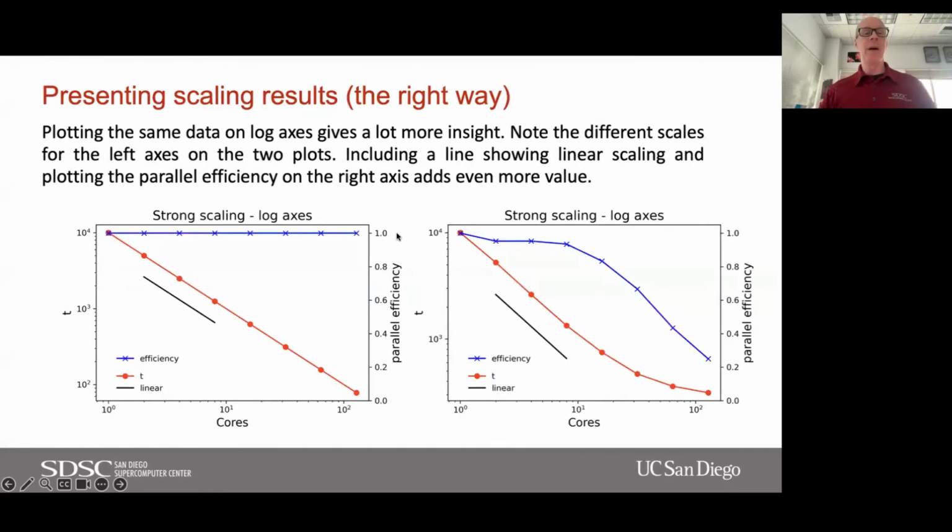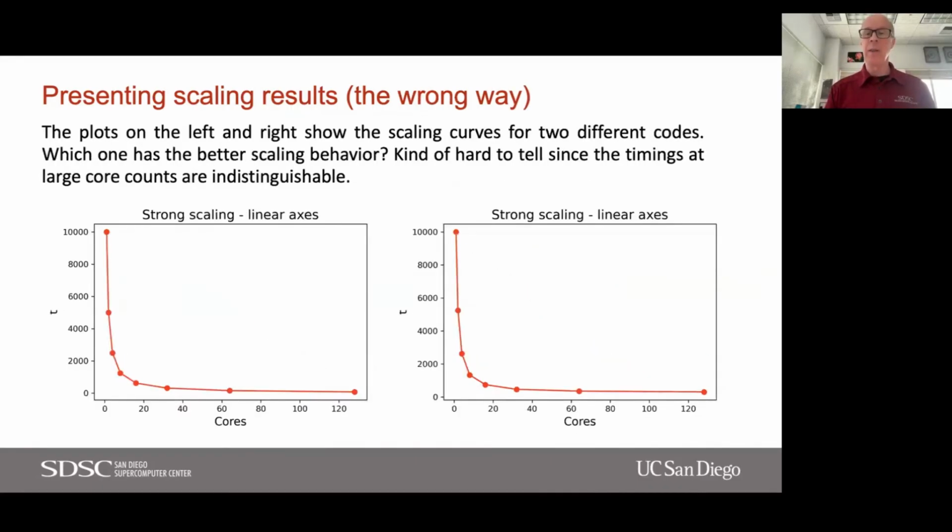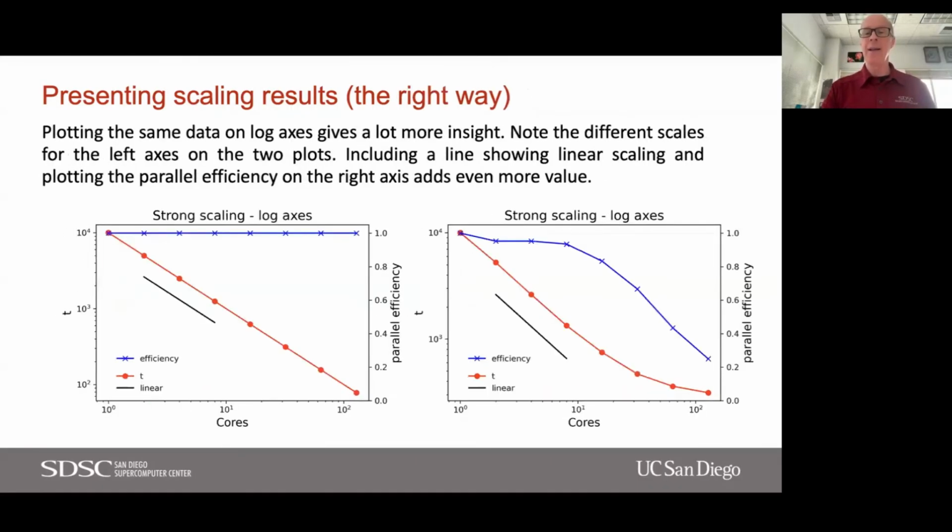So the right way to plot the scaling data is to use log axes. Notice I'm plotting the same data that I showed in the previous slide, exact same data, except now we're using log axes. So we can see the code on the left is an example of a code that has perfect scalability.